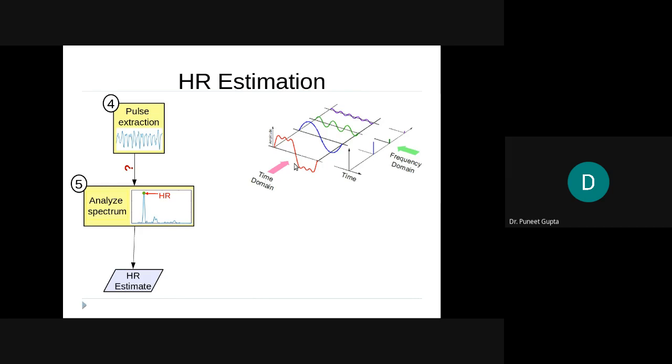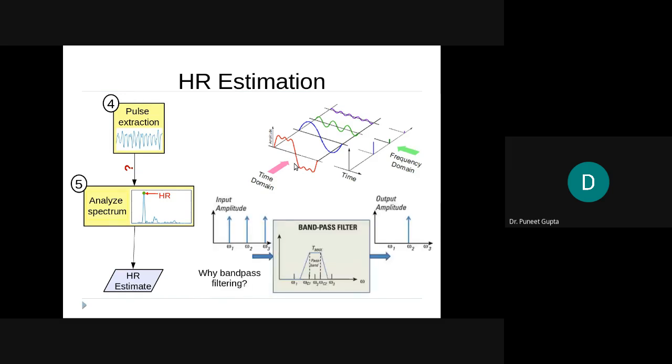However, my signal contains frequencies beyond this range as well. So I also apply something known as band pass filtering, which is a combination of low pass and high pass filtering. See here, this is what band pass filtering is. You have different frequencies with these amplitudes.